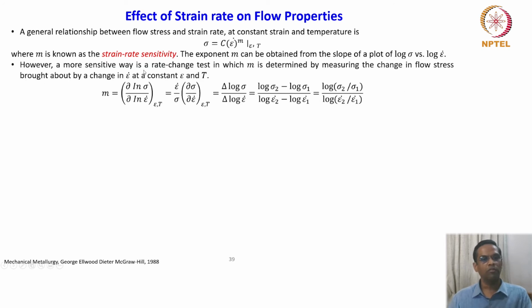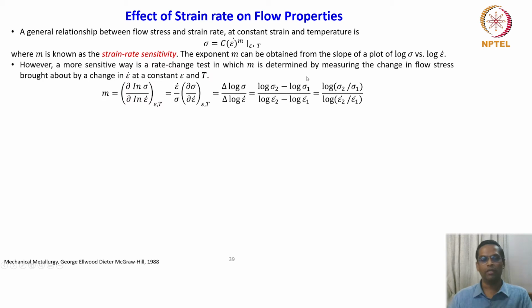However, a more sensitive way is the rate change test, in which m is determined by measuring the change in flow stress brought about by a change in epsilon dot at constant epsilon and T, which is given by m is equal to dou ln sigma by dou ln epsilon dot at constant strain and temperature, which is equal to epsilon dot by sigma times dou sigma by dou epsilon dot, which is equal to del log sigma by del log epsilon dot.